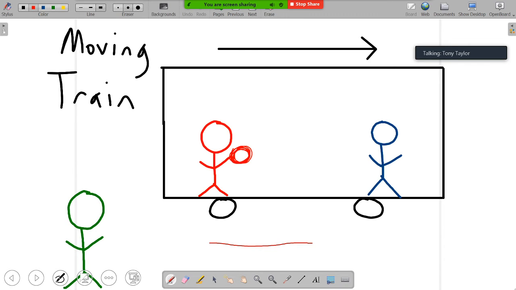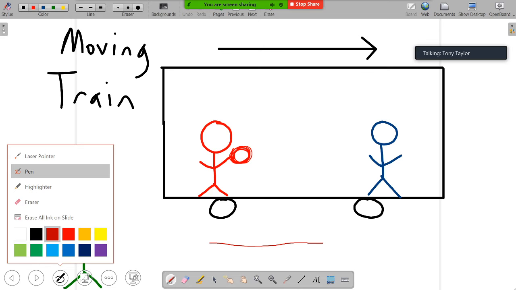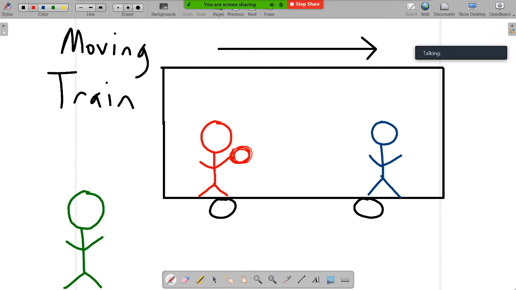I'm sorry, guys. I don't know why this is trying to switch colors. Okay, let me get this right. Okay. So the person in green sees the train moving at 70 miles per hour to the right.